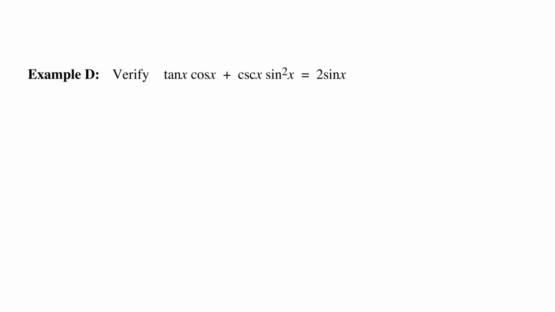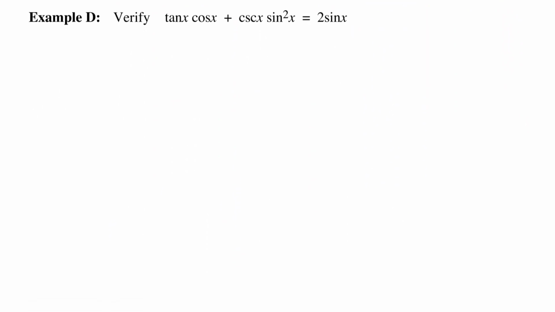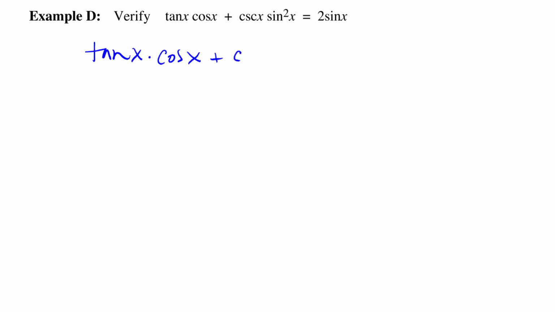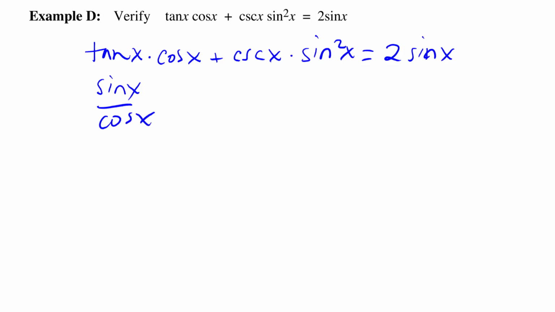And here's another example. Tangent x times cosine x plus cosecant x times sine squared x. And what it is to equal is 2 sine x. We'll clearly work on the left side. It's much more complicated. So tangent x is sine over cosine, and cosine is just cosine over 1. Cosecant x is 1 over sine x, and sine squared x doesn't need to change.